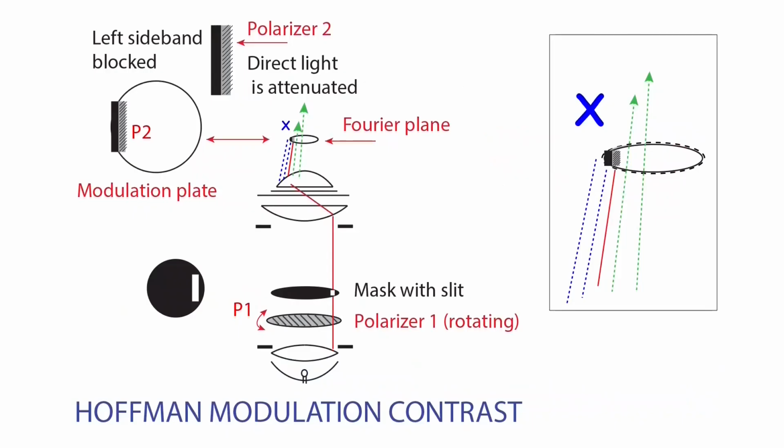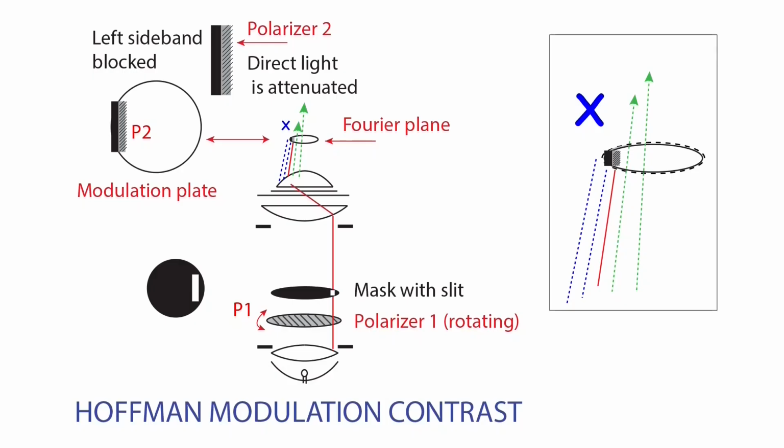Hoffman modulation contrast is also related to the Schlieren methods. Hoffman uses unilateral oblique illumination through a slit in the periphery of a condenser mask. A special modulation system in the conjugate Fourier plane rejects light from the left sideband while attenuating the slit of direct light.